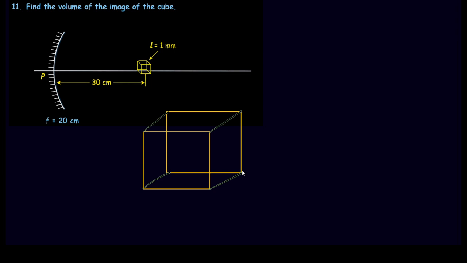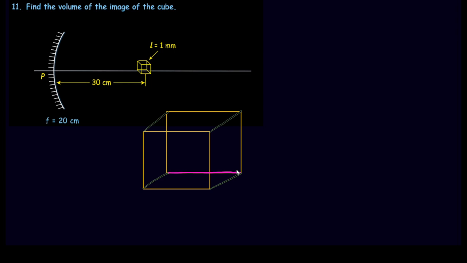For the cube, one dimension is parallel to the principal axis.